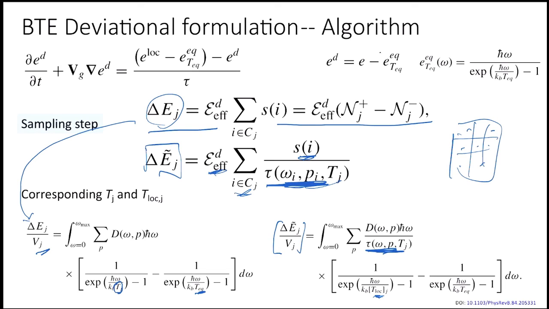One thing you might be noticing already about this formulation: technically there is no problem, but computationally, to find out this local temperature, we need to know how many positive and negative particles there are. Let's say we are considering this cell.